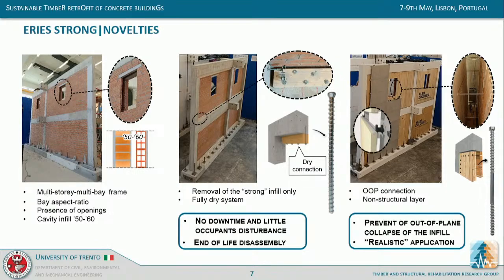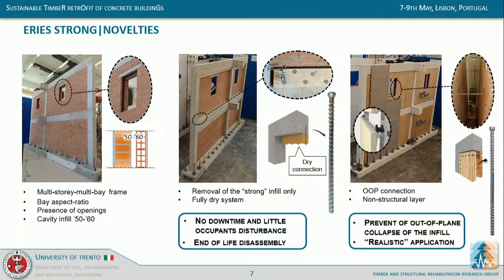And so the idea here is to improve the invasiveness of this type of retrofit and reduce disturbance to the occupants. The idea is to remove just the strong and potentially detrimental infill and leave the weaker infill made of hollow blocks.